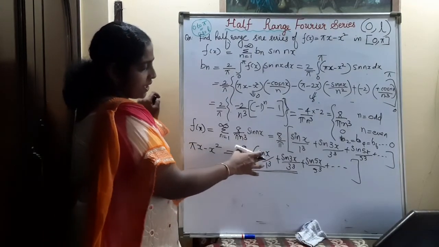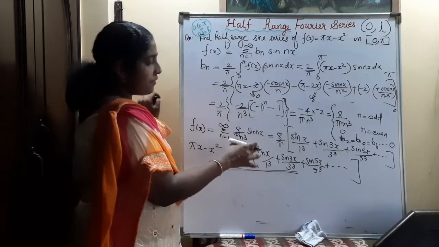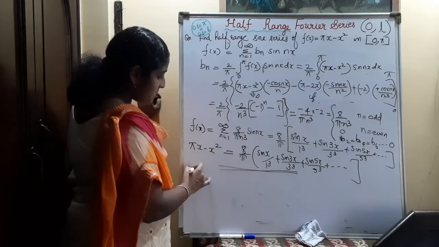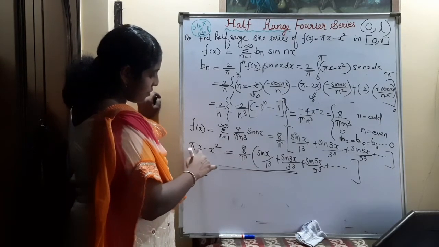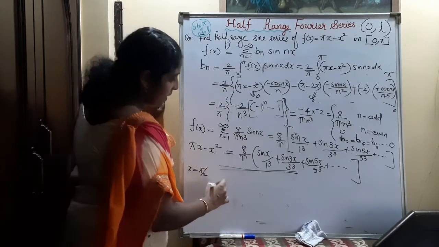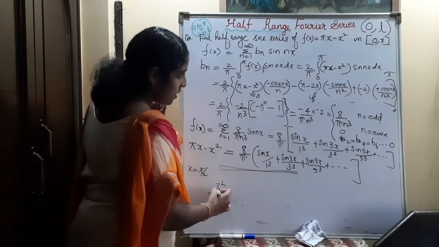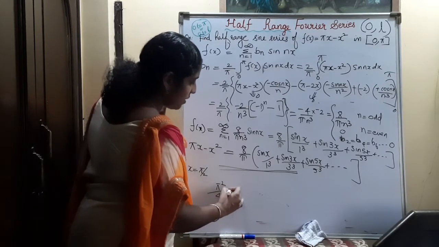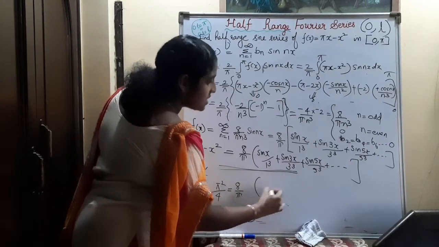If we substitute x equal to pi by 2, we get pi times pi by 2, that is pi square by 2, minus pi square by 4, which is pi square by 4, equal to 8 by pi times this series.